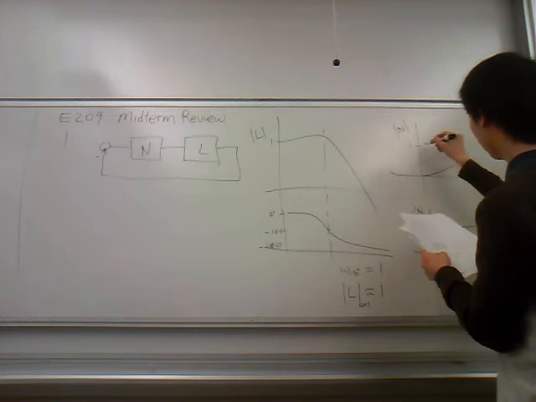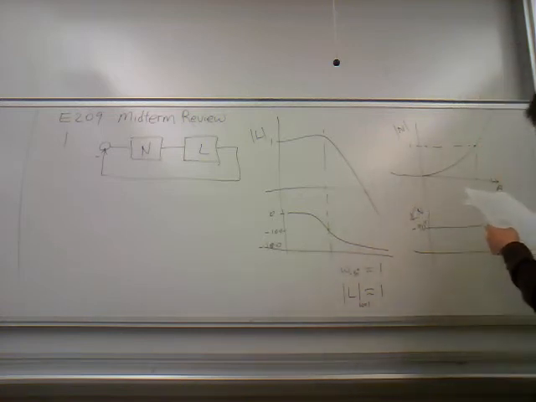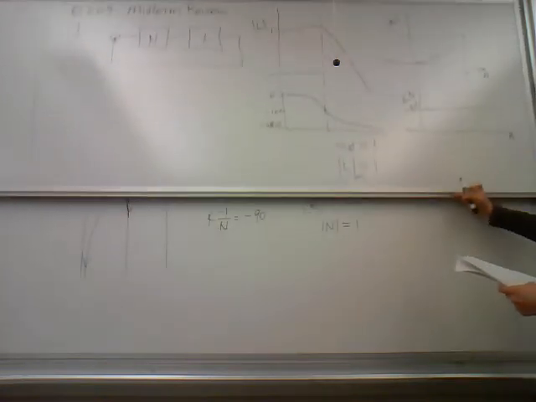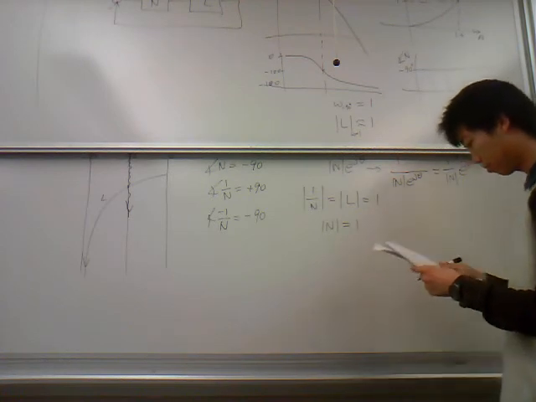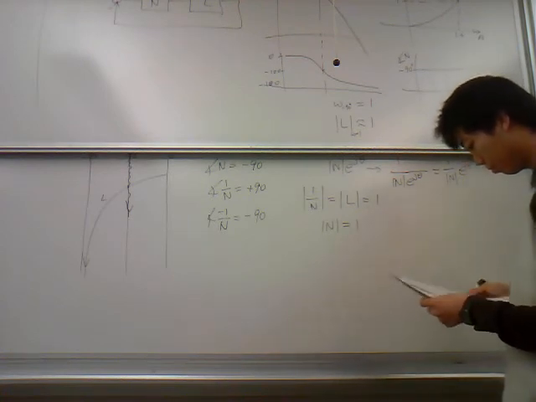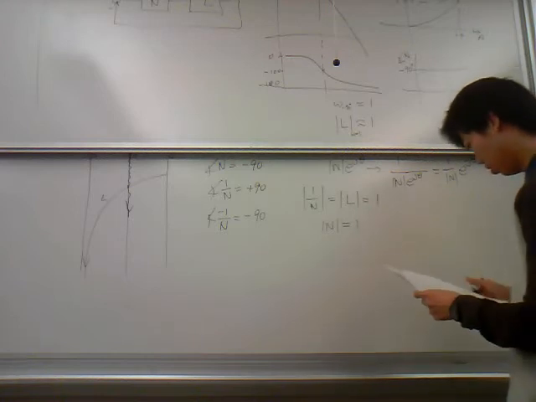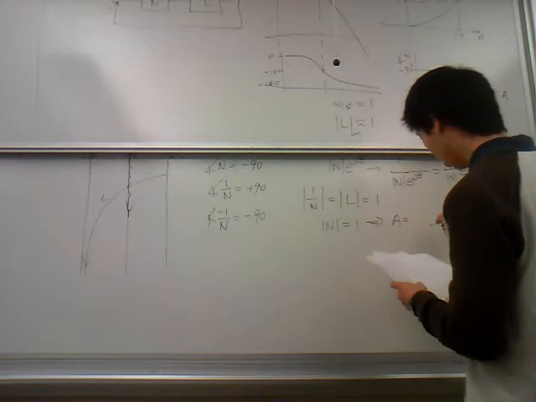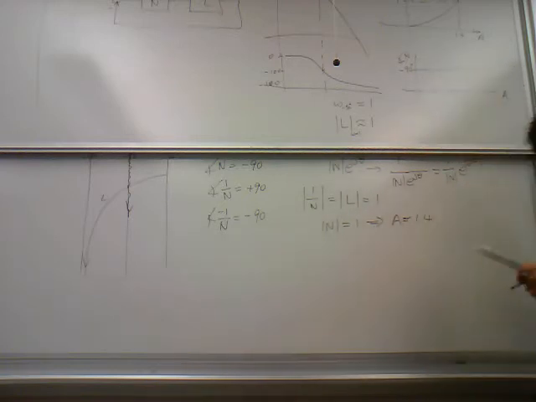So when this is 1, over here we get approximately 1.4. So the amplitude of our limit cycle is approximately 1.4.